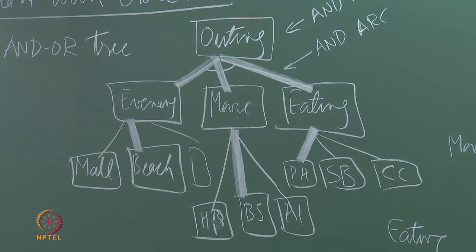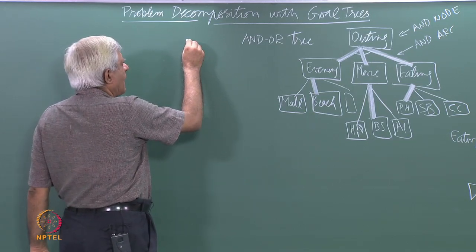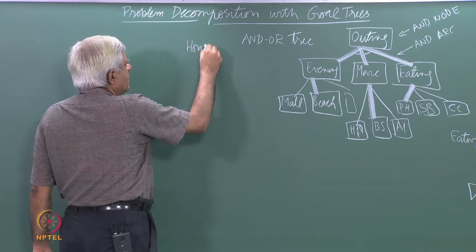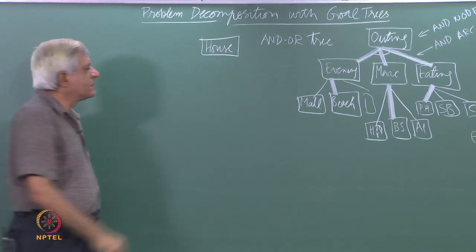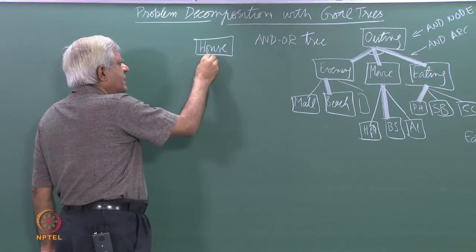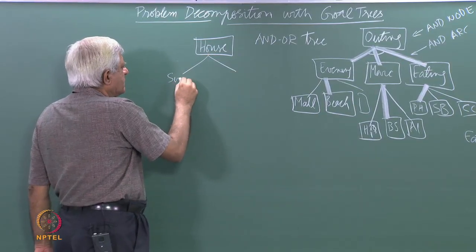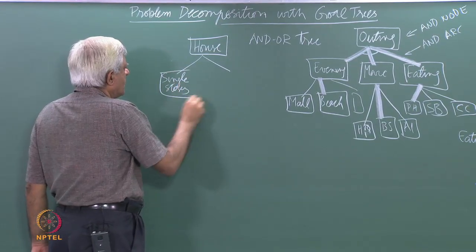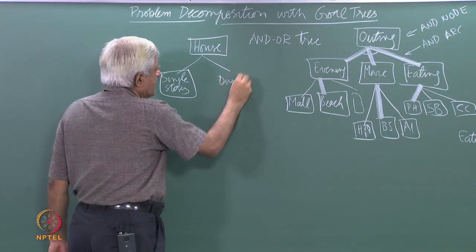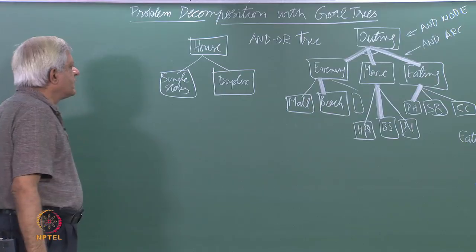So, let me take another example. Supposing you want to construct a house, you can pose this problem also as an AND OR problem. Just to take some simple variations, you might say something like single story or a duplex, these might be choices.